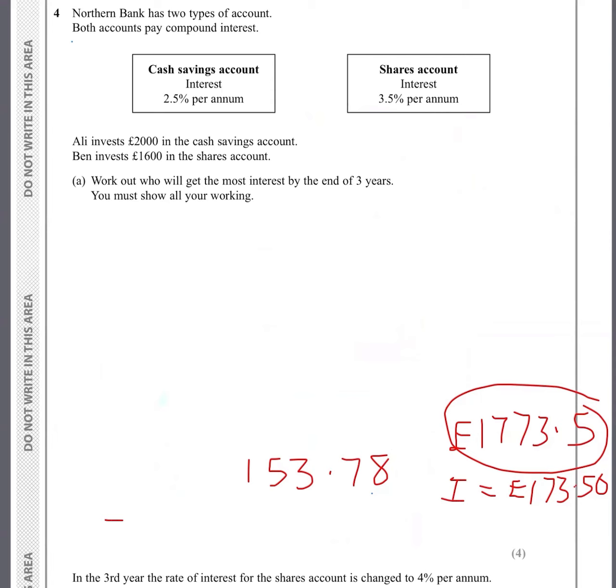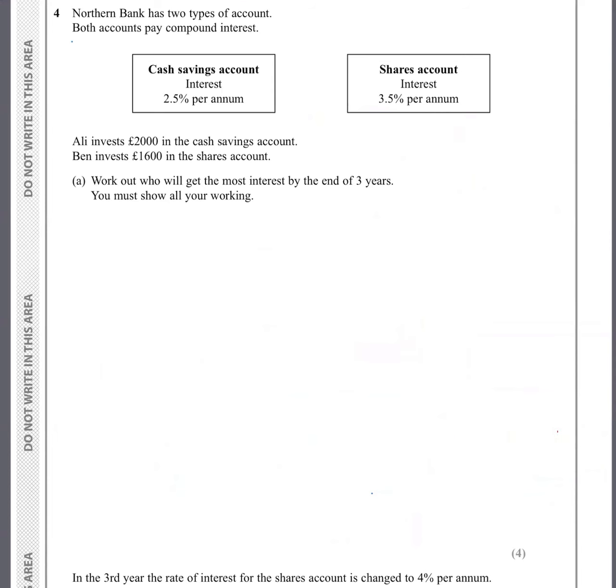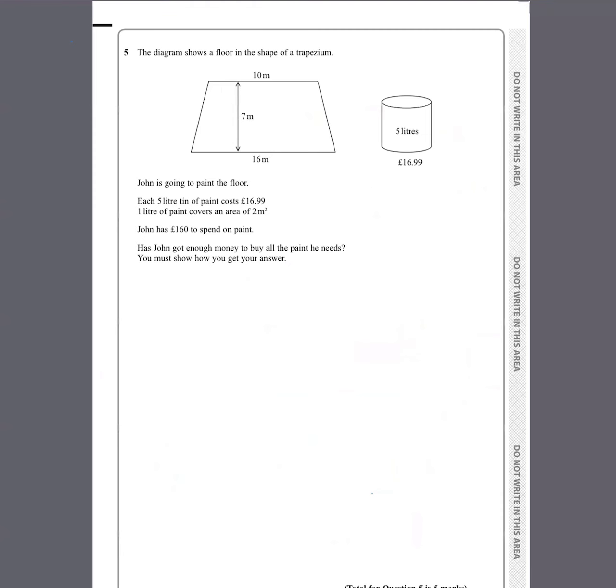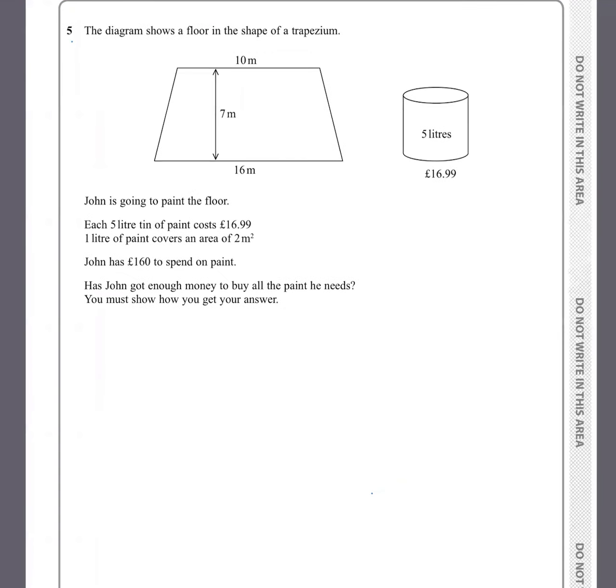The second lesson is when you want to find your interest, you subtract the amount you invested from the amount that you have after a period of time. Is that okay? Yeah, that's okay. So please keep that lesson and don't lose it to anyone. The next question.